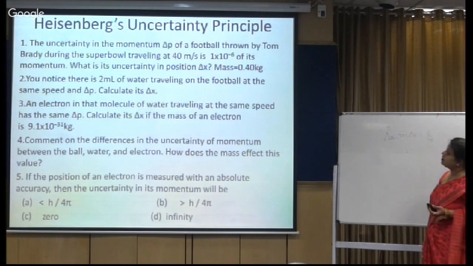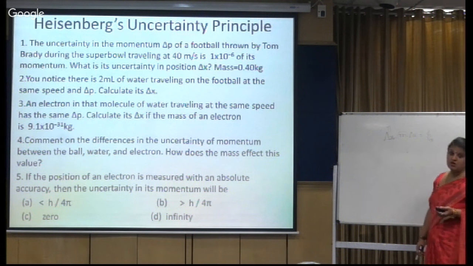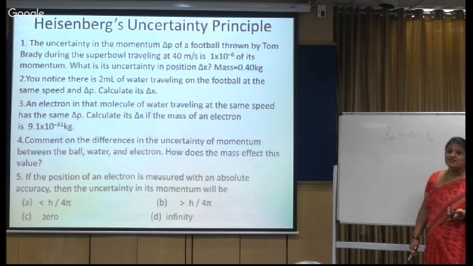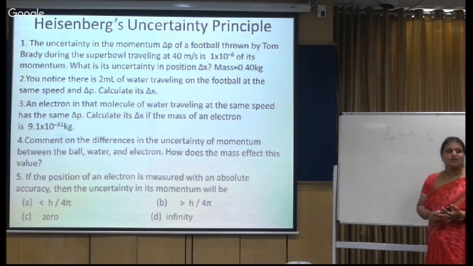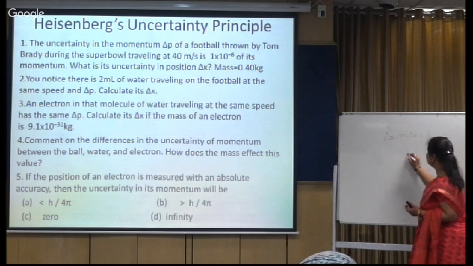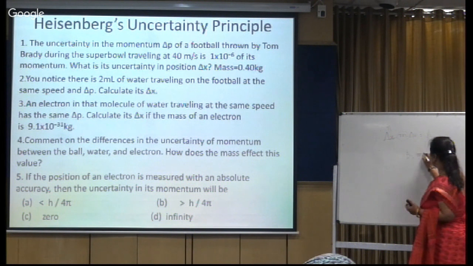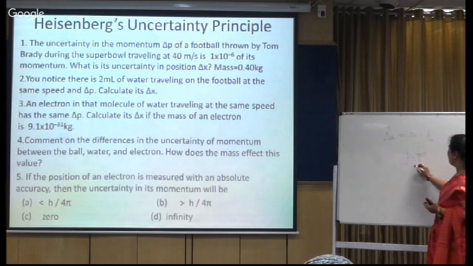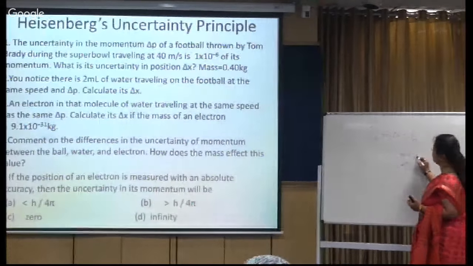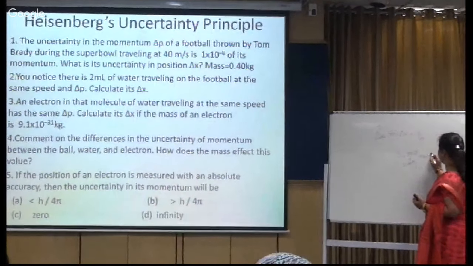Sorry, the uncertainty in momentum, traveling at a speed of 40 meters per second, is 1 into 10 to the power minus 6 of its momentum. So what you have to do? First of all, you have to calculate the momentum, that is P is equal to M into V. Mass is given as 0.40 kg, velocity is 40 meter per second.